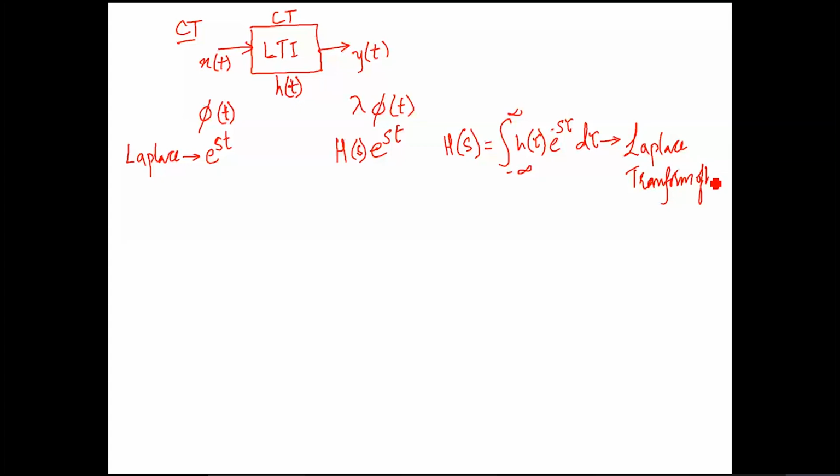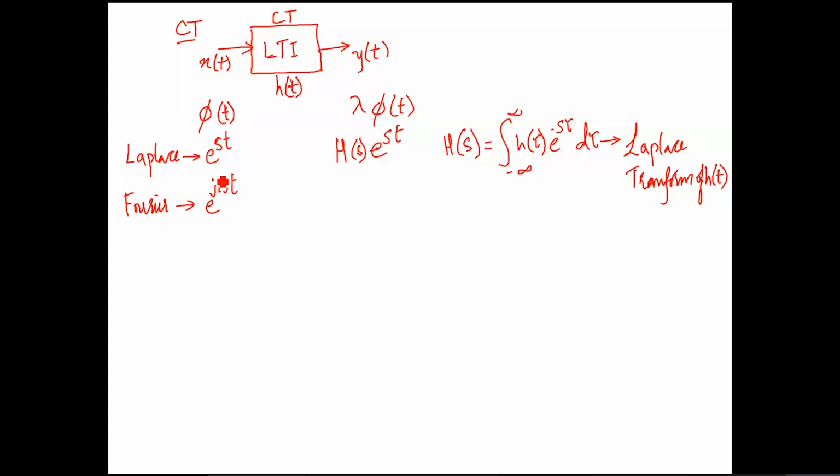It is just this. Now, Fourier actually extended the same concept, and he said, well, e raised to the power of j omega t is also an eigenfunction, and this omega is some constant.